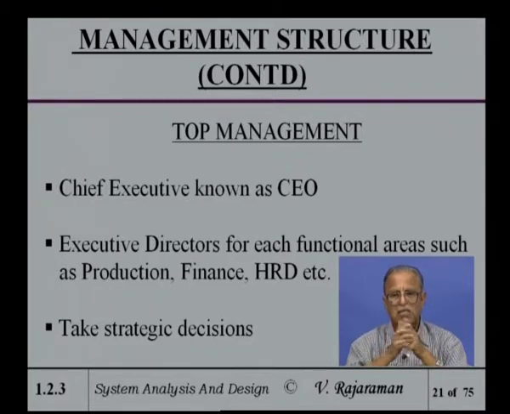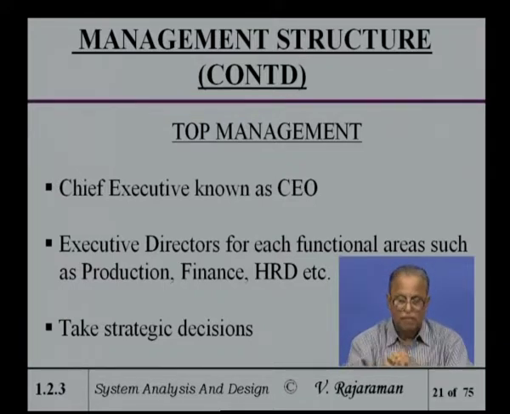So, these are the things which the board of directors does, and as I said, it has the chief executive and a number of both executive directors and non official directors who come from outside.